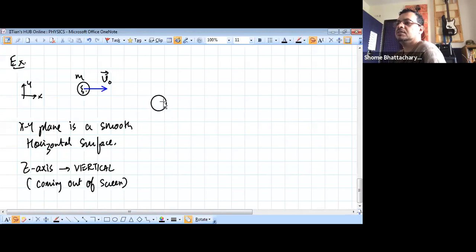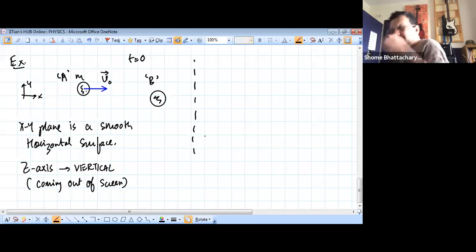So what will happen here is that when the body A, which is this disc or coin or whatever, comes in contact with this other disc, so this is initial time. Now after some time, this and this come in contact.